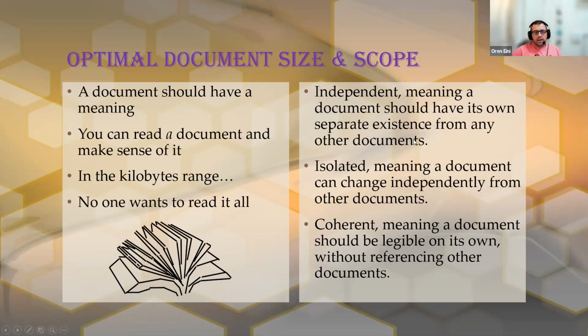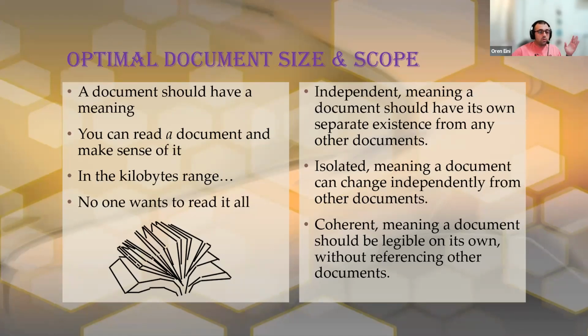These are the rules that I came up with for document modeling. They are from the Inside RavenDB book. And you can see that a document should be independent. It has its own separate existence. It should be isolated. I can change that without also modifying other things in the system.